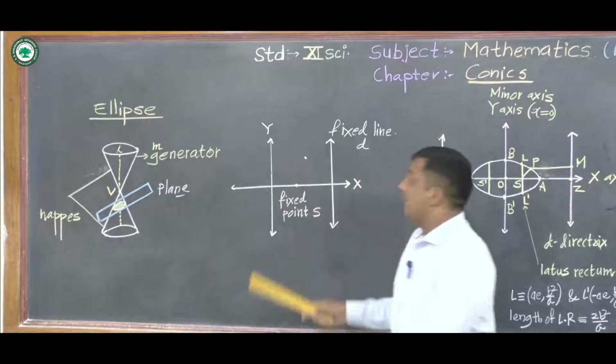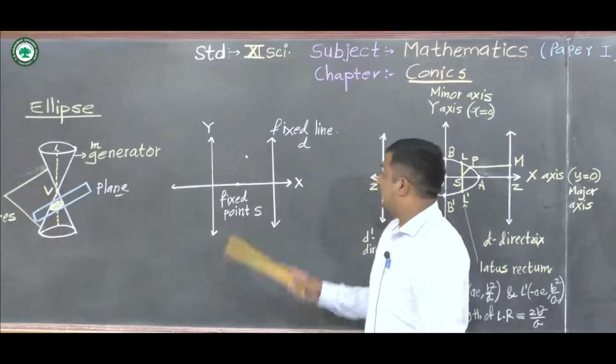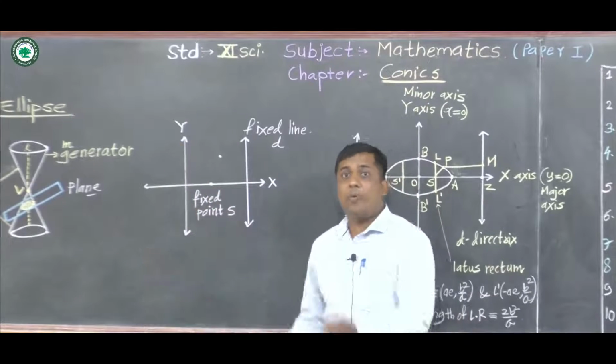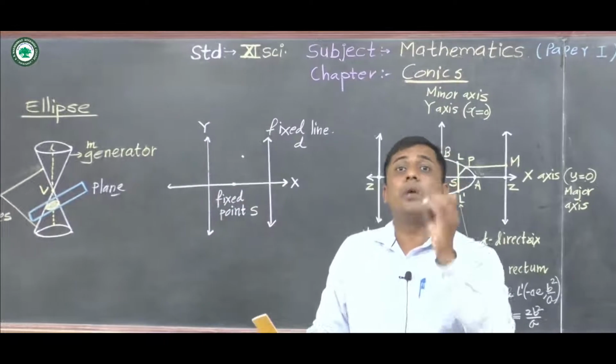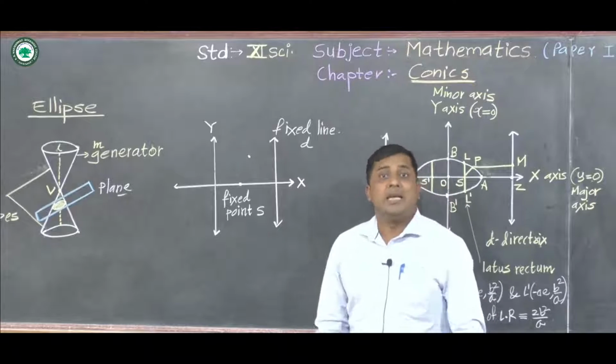In this figure we consider the coordinate axes. Here is our x-axis, here is our y-axis. Here we define the standard equation of the ellipse, that is, the standard form of the ellipse.